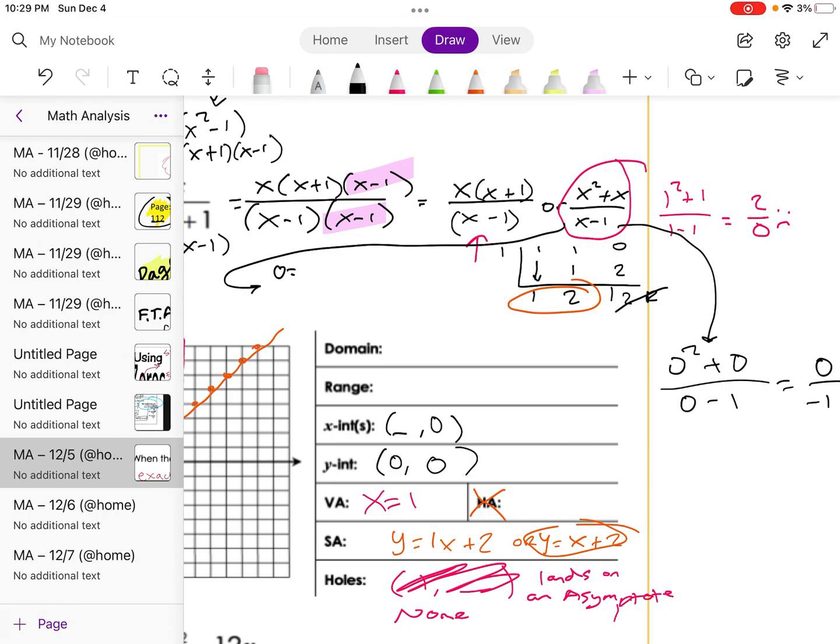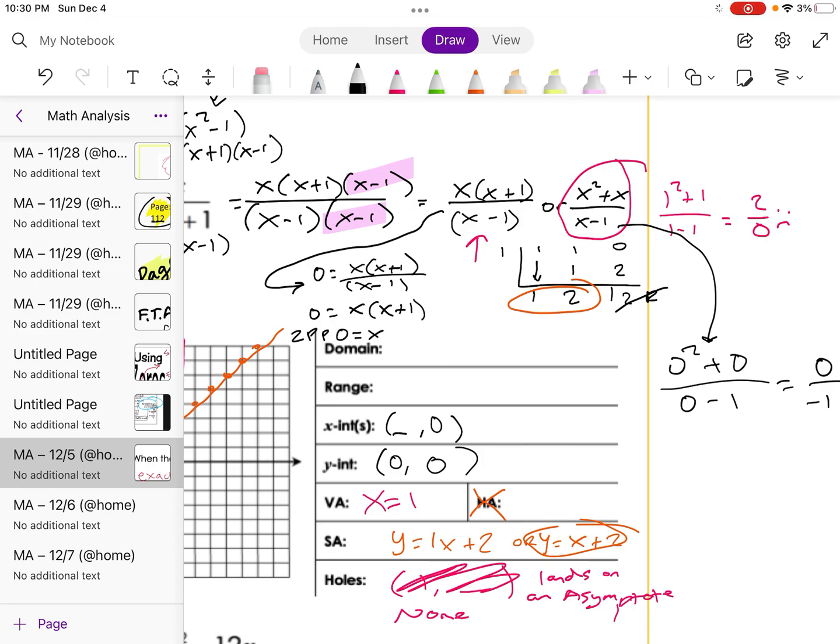And so you're going to set this equation equal to 0. 0 equals, actually, I'm not even going to do that one. I'm going to do this one. So I can multiply the denominator on both sides, and I still get 0 equals x times x plus 1.